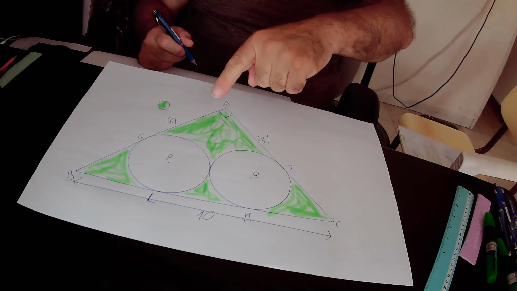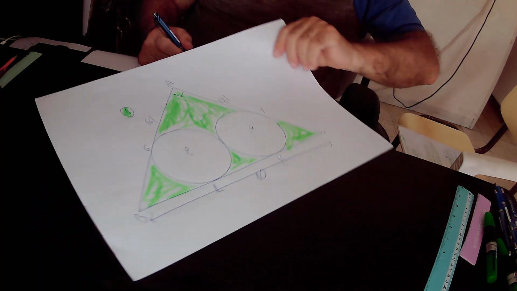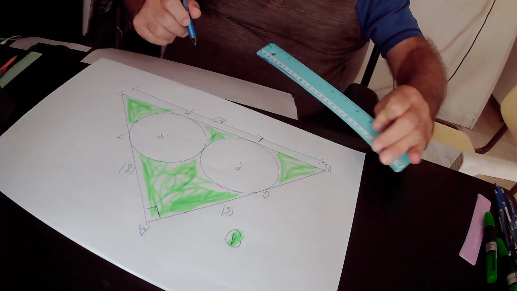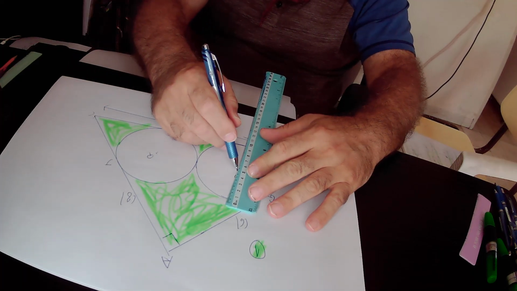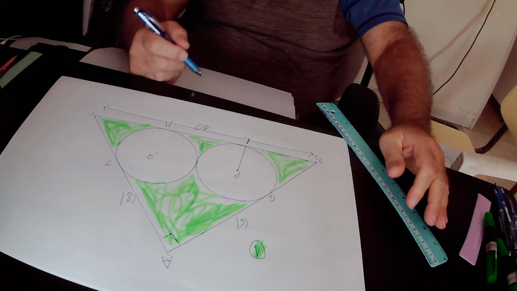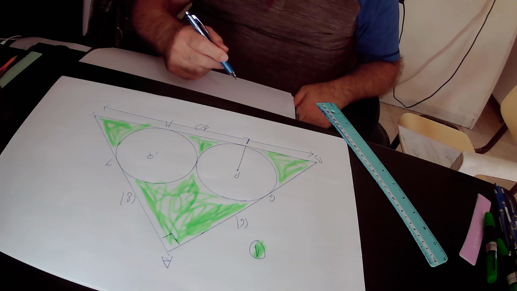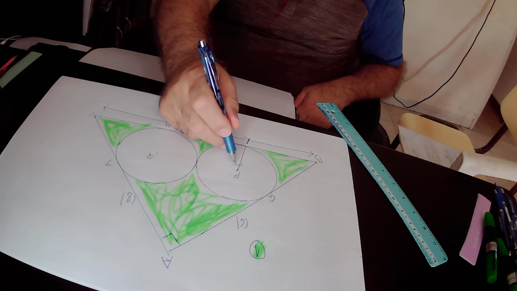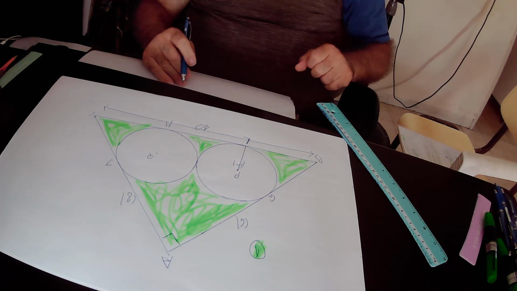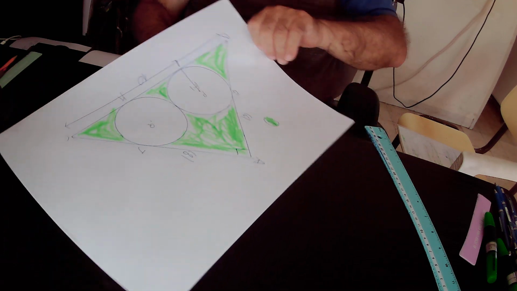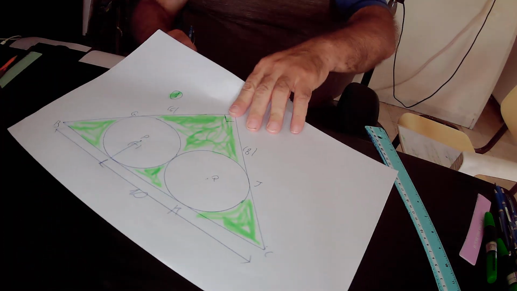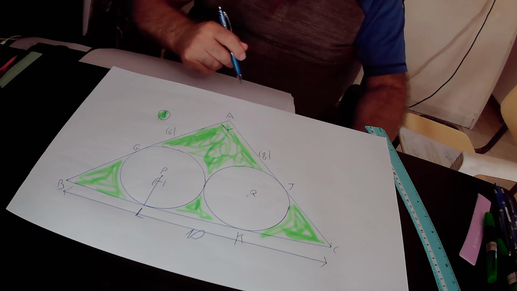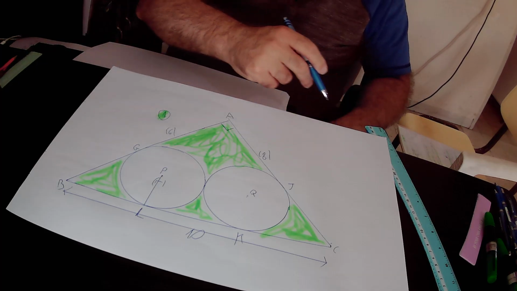In the next step, we join points P and L together with a line. Point P is the center of this circle, point L is a point on the circle itself, therefore PL is the radius of this circle and equals R. The radius PL is drawn to point L, the point of tangency of tangent BC with this circle.